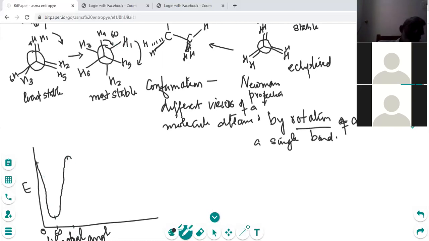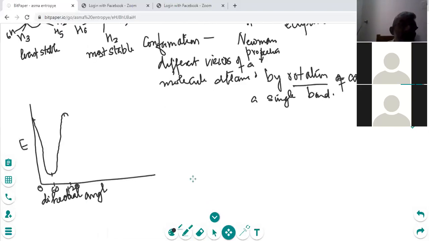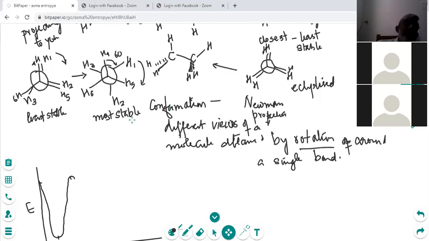This is 120. Now again, what do you do? Rotate it again. From 120, you rotate it again. Let me draw each one of these structures.